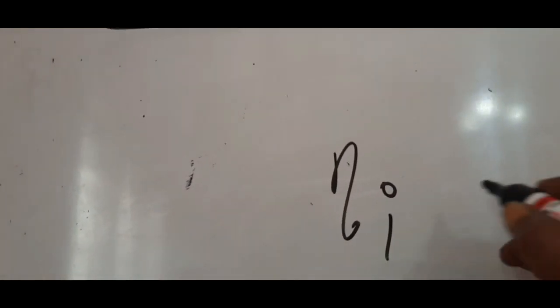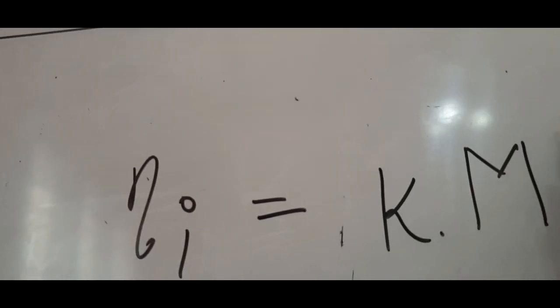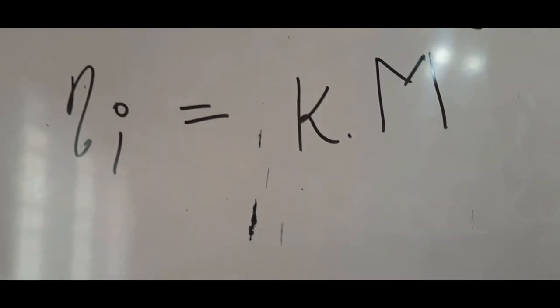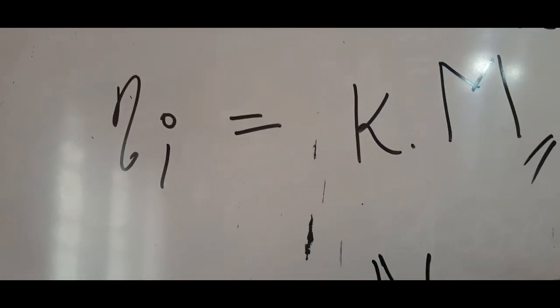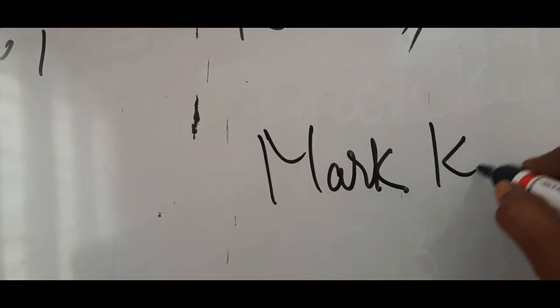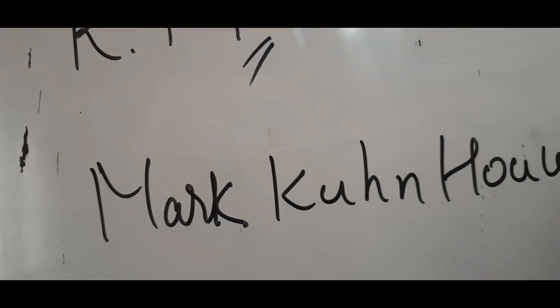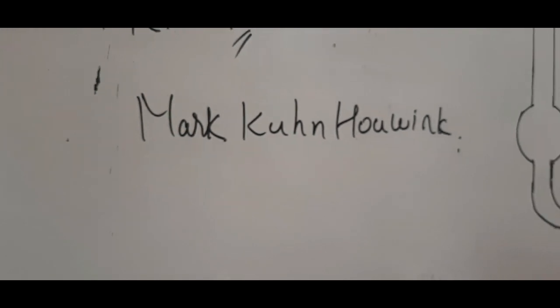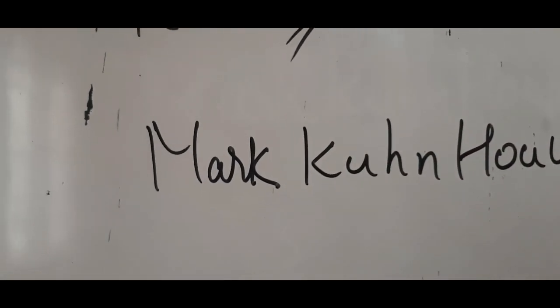This intrinsic viscosity is related to the molecular weight of a polymer by the equation η_i = K M^a, where M is the molecular weight of the polymer, and this equation is called the Mark-Houwink equation, and K and a are constants.